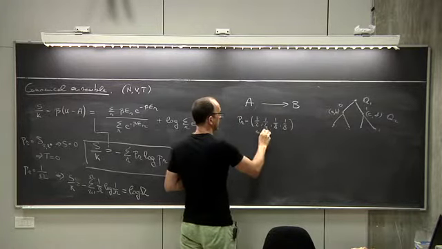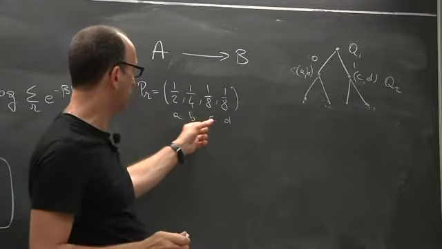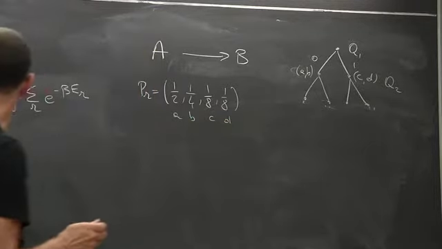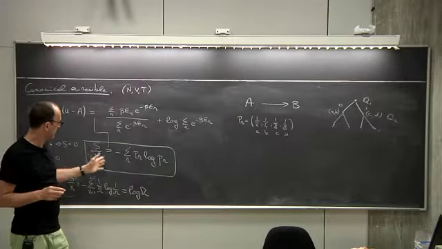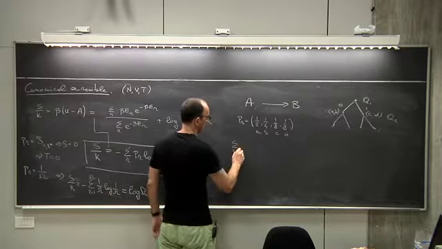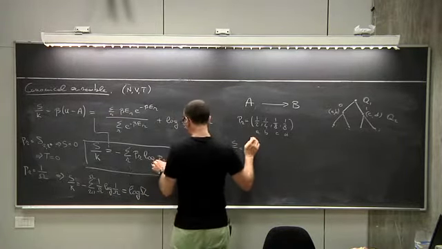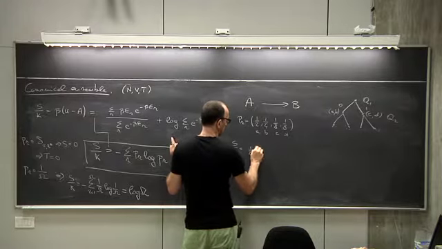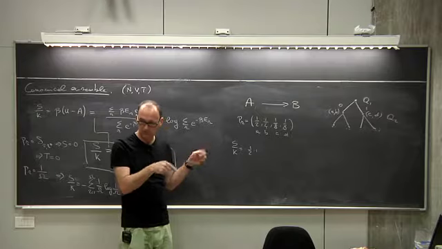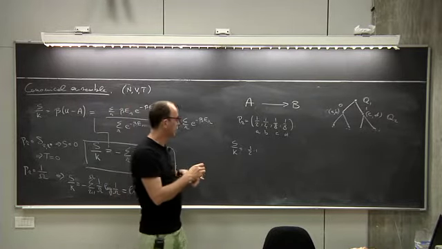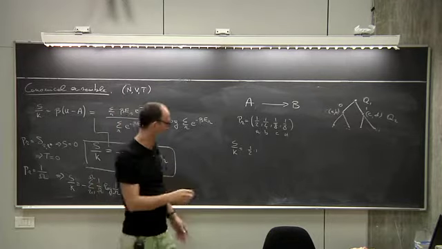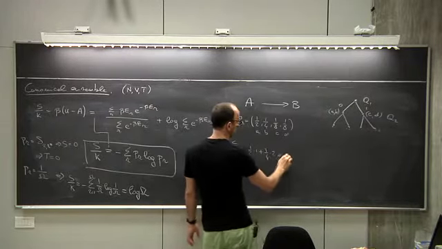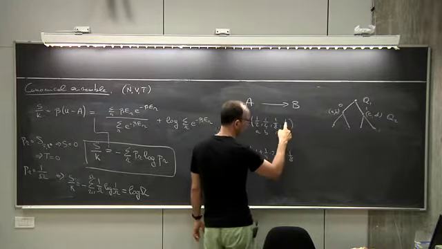So this is A, B, C, and D, so that A is more probable than B, and B is more probable than C and D. Now if you compute the entropy, in base 2, you will get 1/2 times 1, since log base 2 of 2 is 1, plus 1/4 times 2, plus 2 times 1/8 times the log of 8, which is 3.